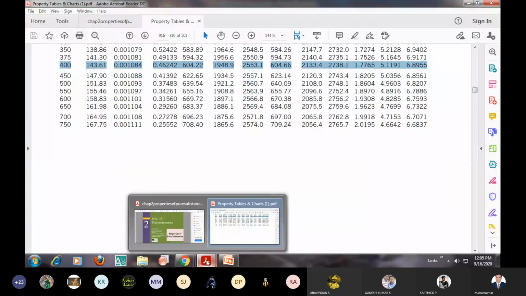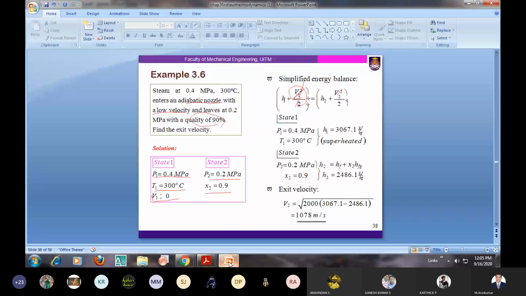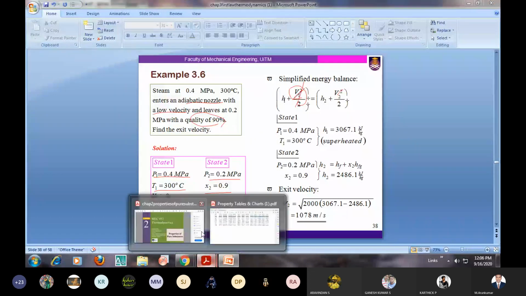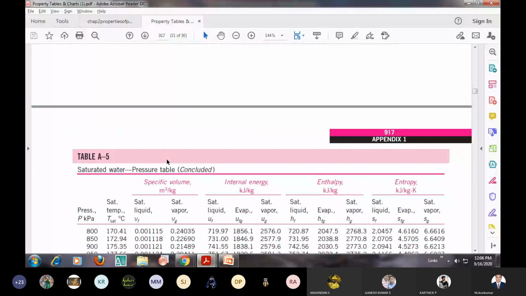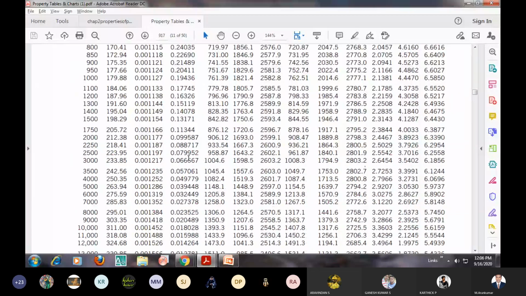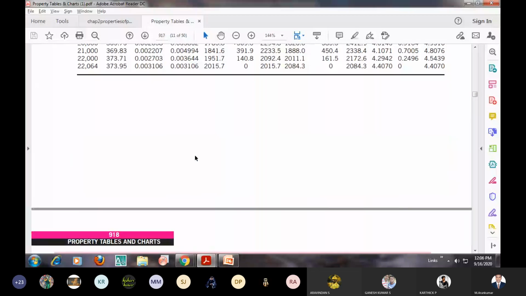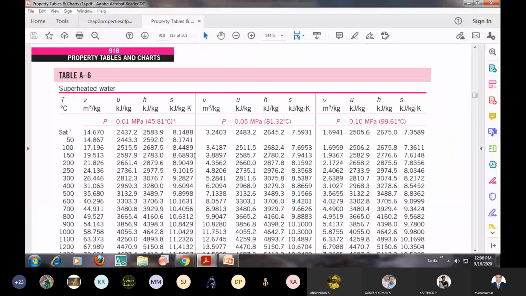The saturation temperature is 143, but our actual temperature is 300 degrees Celsius. So the temperature is greater than the saturation temperature, and we have to look at the superheated table. So the state is superheated, and we look at the superheated table to get the H1 value. I will show you. Go to the superheated table, A6, and pressure 0.4 megapascal.